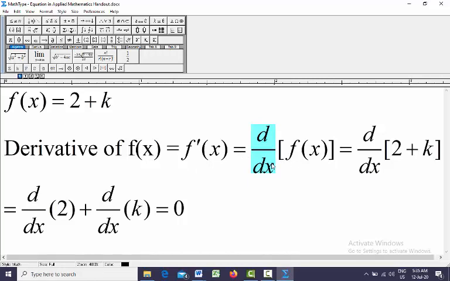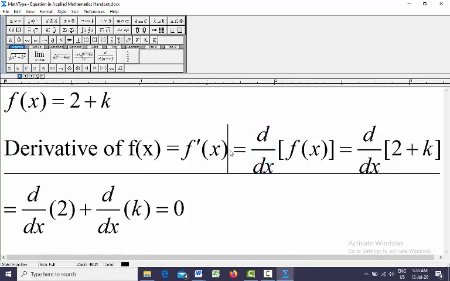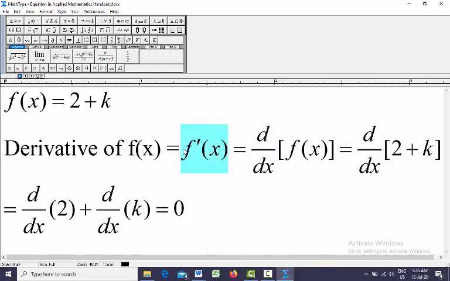Some people write it this way, and some write it that way, but it is the same. d by dx means differentiation, so f prime x means we need to do differentiation of f(x).